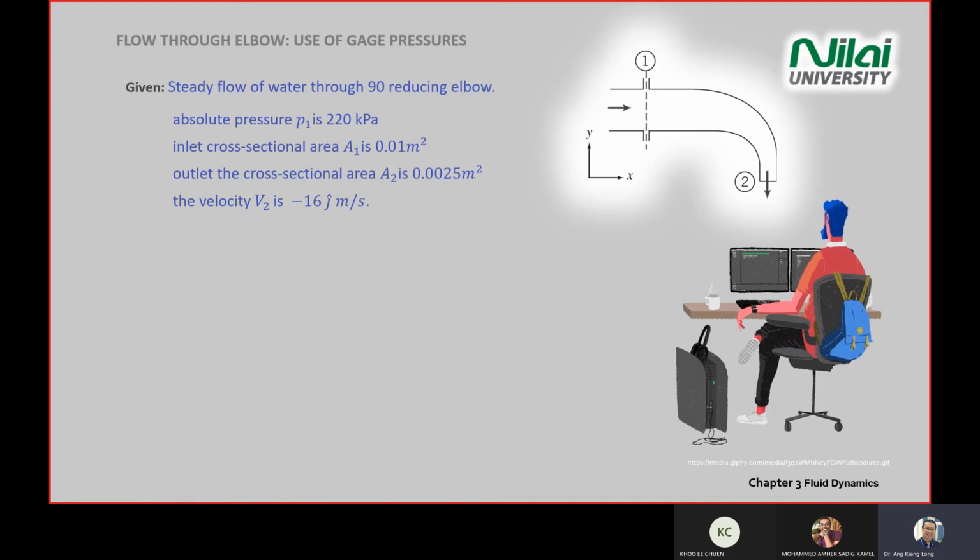Rather than if you do not write the vector out, you might assume it is always going in the x direction or y direction. Sometimes it's in another direction, so we have to put in the direction. In this case, we have negative 16 j hat, which is going down because the axis y is going up.